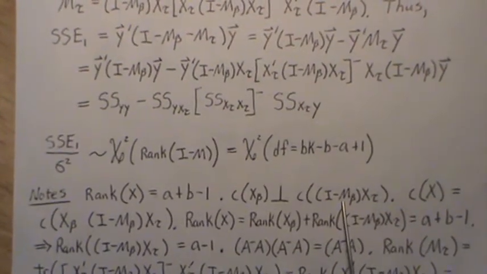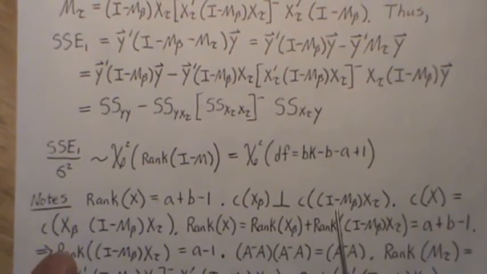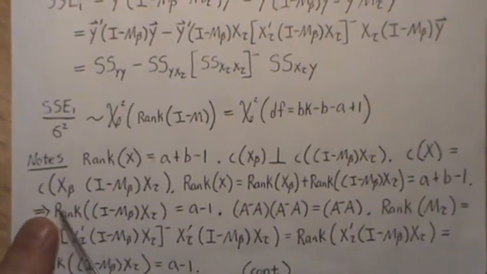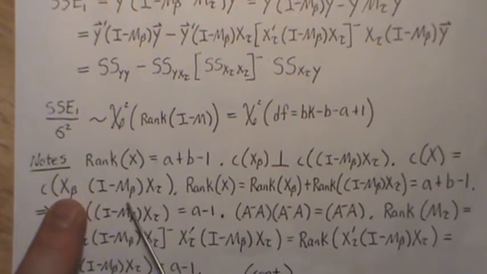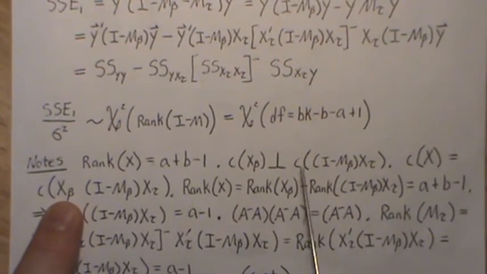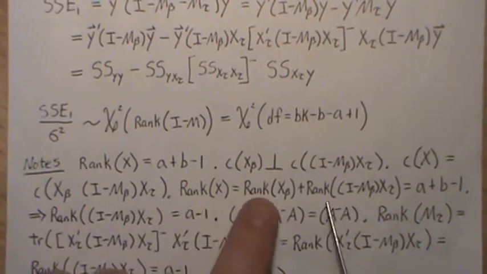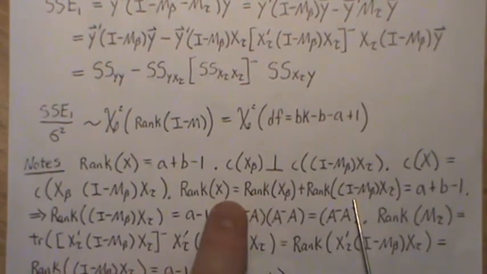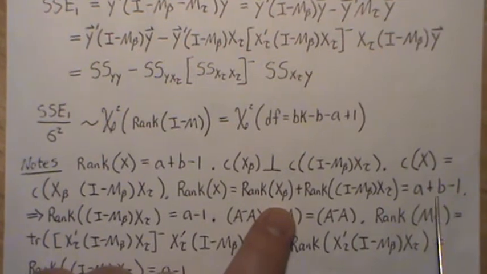So we construct it into these two orthogonal spaces. So then the column space of x is equal to the column space of this. And since those are orthogonal, the rank of x is actually just the addition of the rank of each of these. But the rank of x is a plus b minus 1.